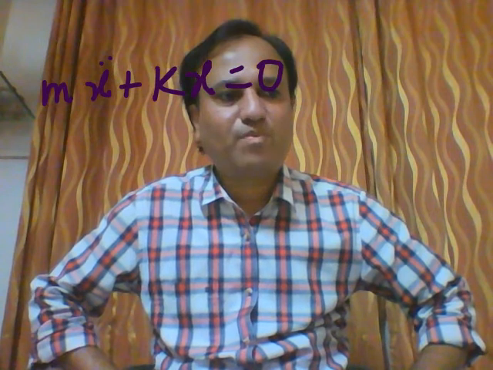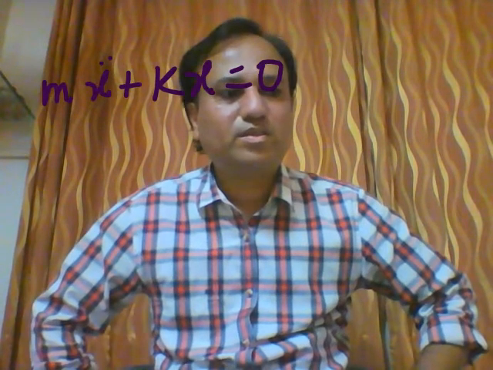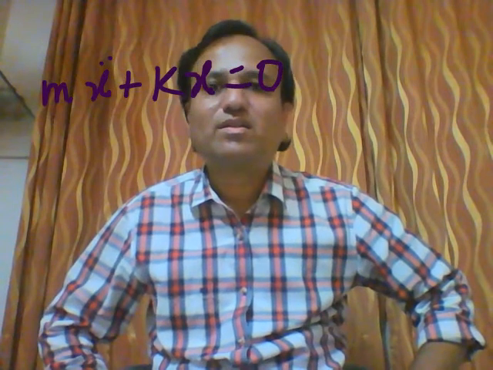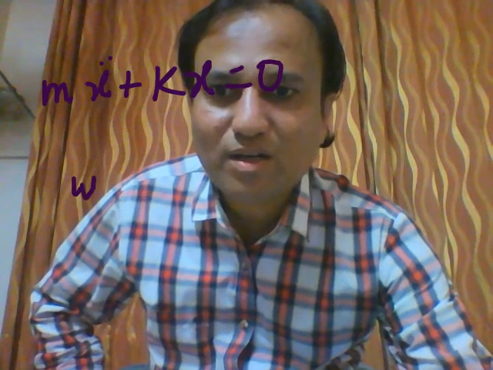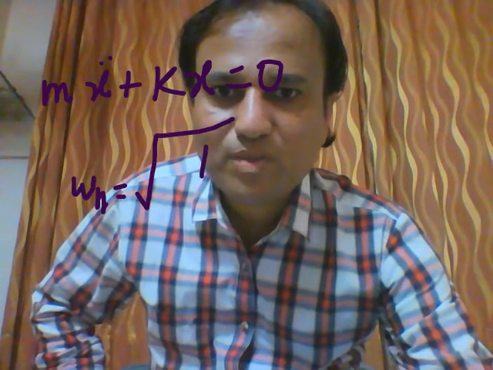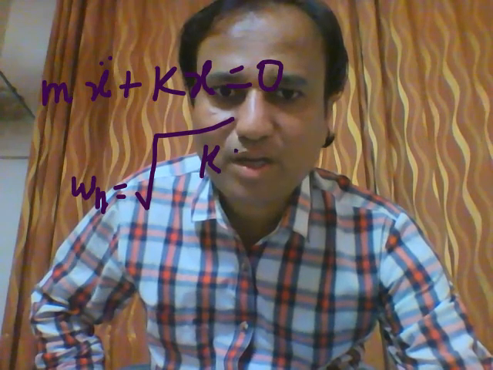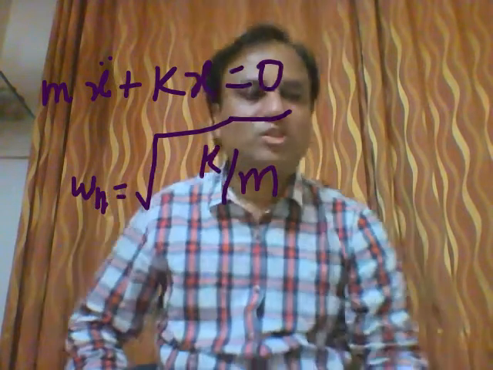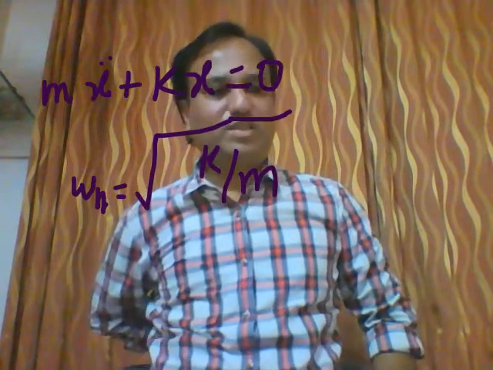Again, student, you can calculate the natural frequency by using the same approach that we used in the energy method. So here directly I will note down Wn is equal to square root of k by m. This will be the natural frequency.